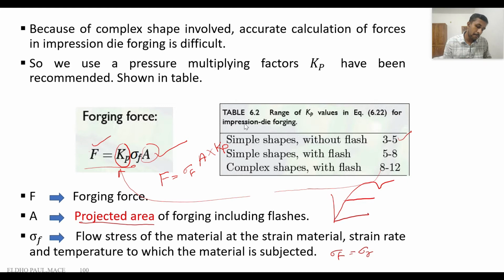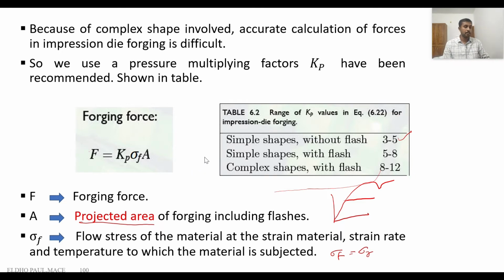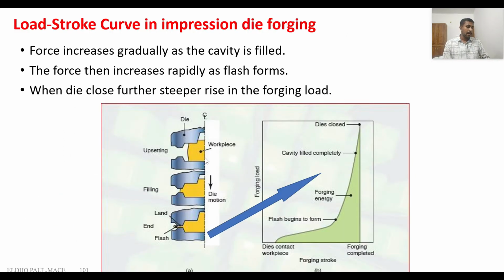So we use this formula in the case of impression die forging: F is equal to Kp into sigma F into A. That is a very simple formula. And when we check the amount of forging load during the impression die forging operation, we can see that as the cavity is filled gradually, the force increases gradually.